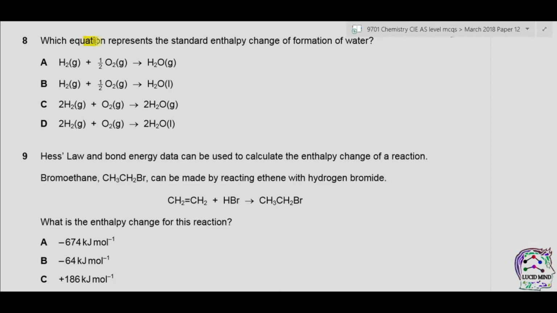Question 8. Which equation represents the standard enthalpy change of formation of water? Standard enthalpy change of formation is when 1 mole of product is formed from its elements in standard state.